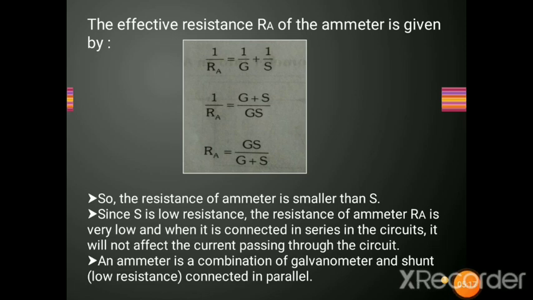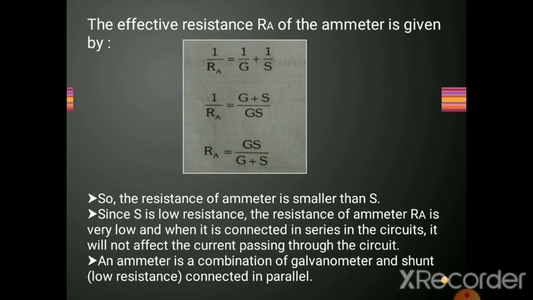The effective resistance Ra of the ammeter is given by 1 by Ra equals 1 by G plus 1 by S. Simplifying this, we get the effective resistance Ra as GS by (G plus S).